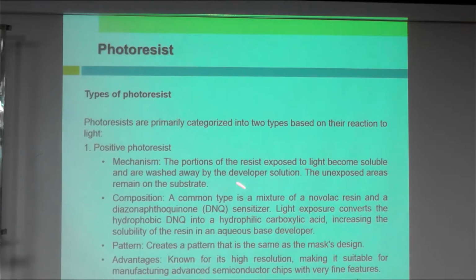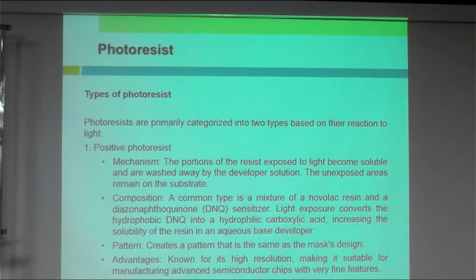Basically, the exposed part will be the removed part. The pattern created is the same as the mask design. So whatever you design the mask, that will be the pattern that you will transfer. Meaning to say the black part of the pattern will be transferred because you are removing the exposed part.